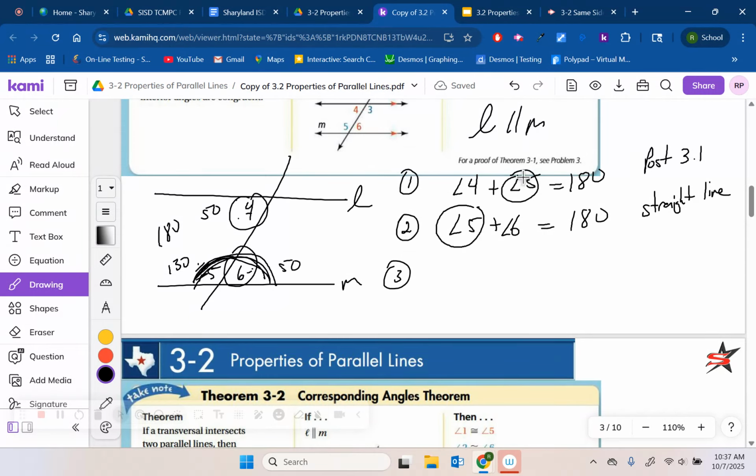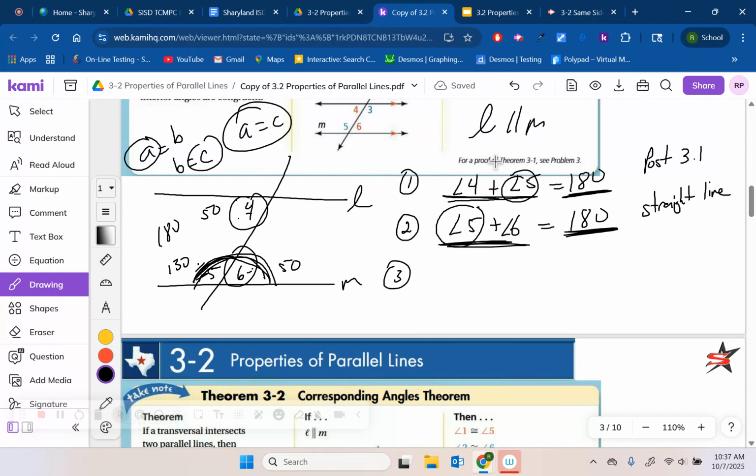One of the things we teach in geometry is that if A equals B and B equals C, then A equals C. Get it? So angle 4 plus angle 5 equals angle 5 plus angle 6.